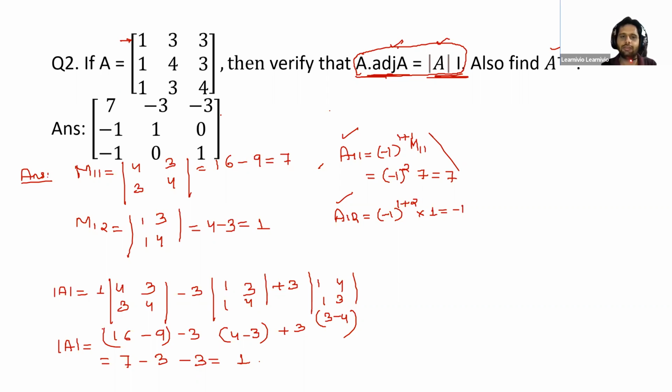Abdul, did you get the value of adjoint? Very good. So are you getting the same answer? 7, minus 3, minus 3? Yes, sir. Okay, very good.